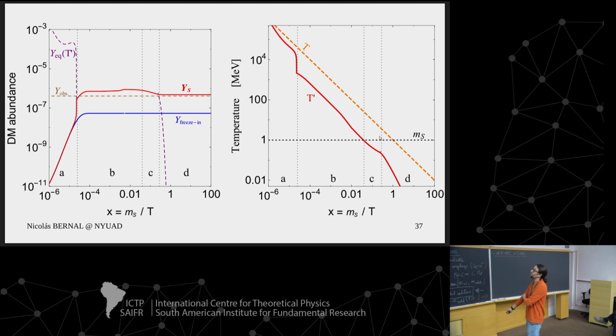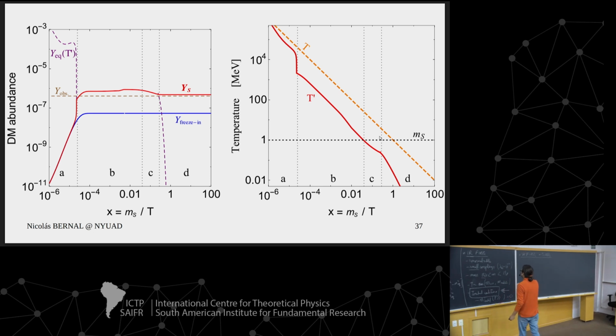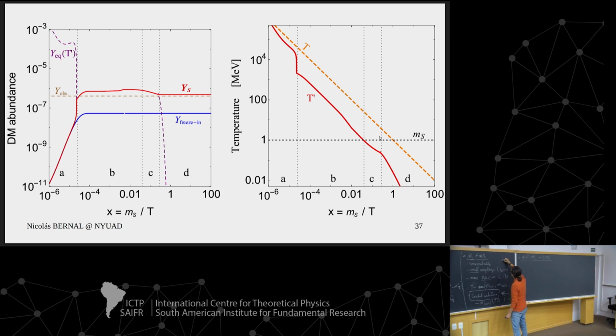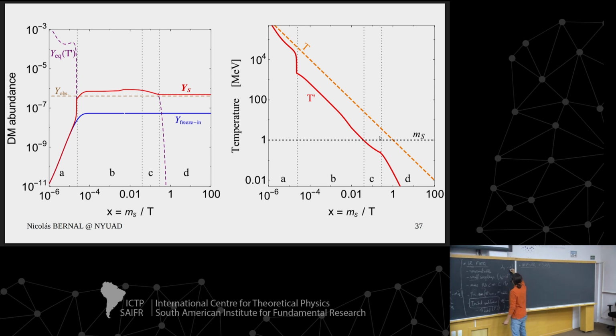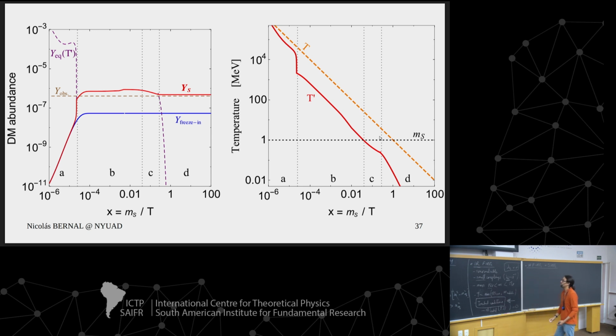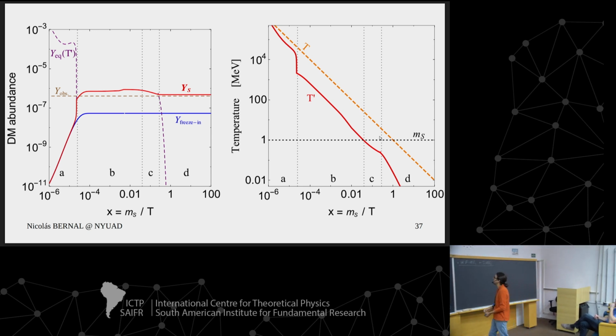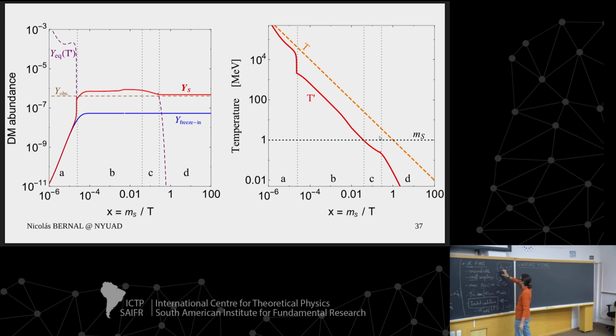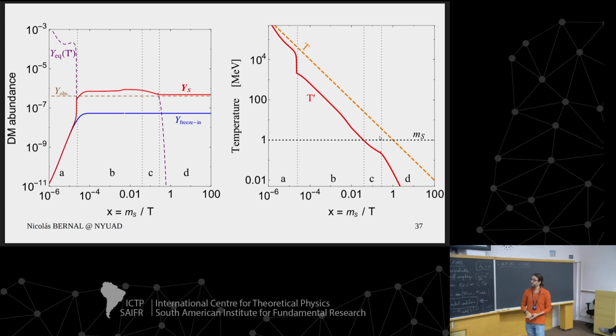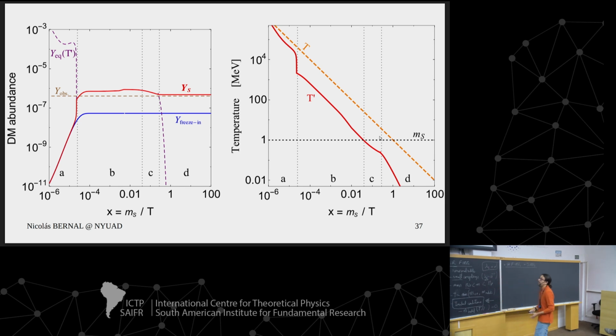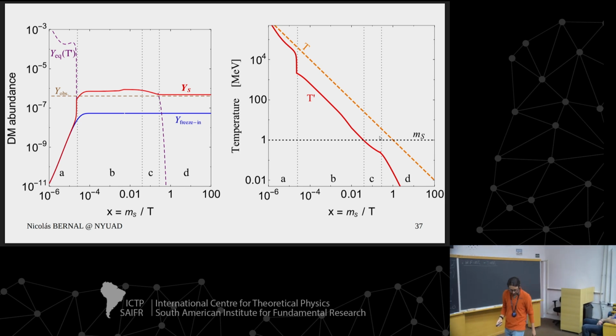In the freeze-in, we typically assume that the quartic coupling, lambda s, is equal to 0, because we are only focusing on the effect of lambda hs, the portal. However, in general, we can think about the case where the two couplings are non-zero. And we can ask ourselves about the effect of a non-zero quartic coupling, so non-zero self-interactions.